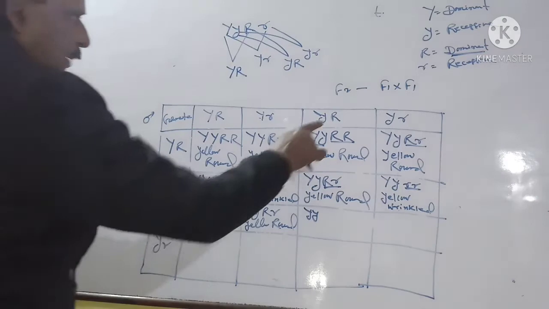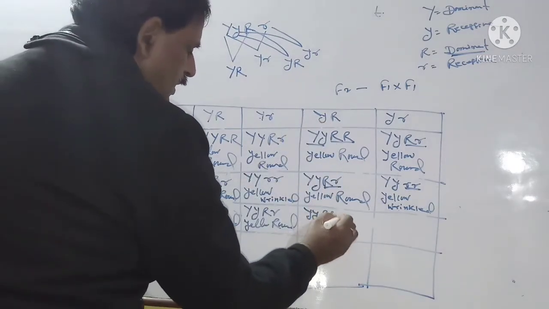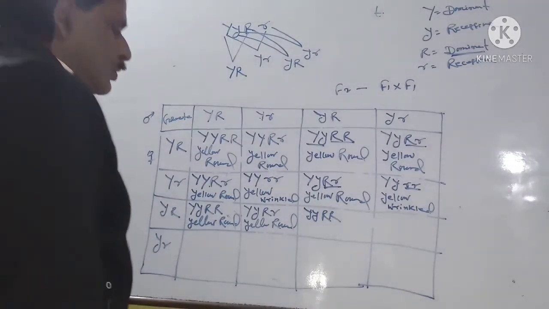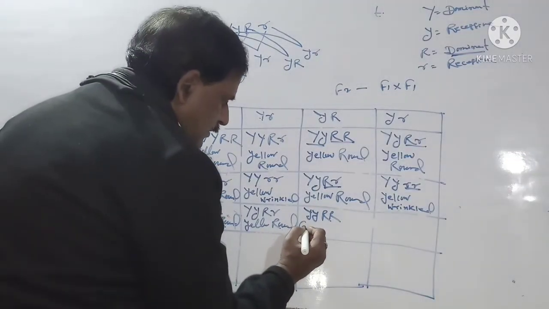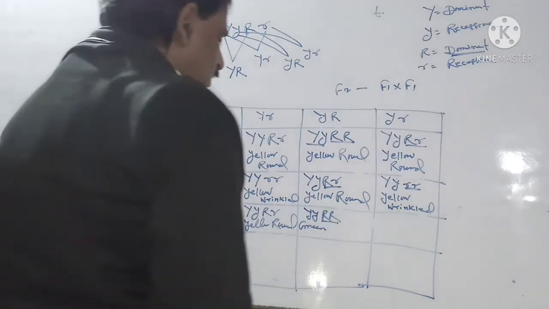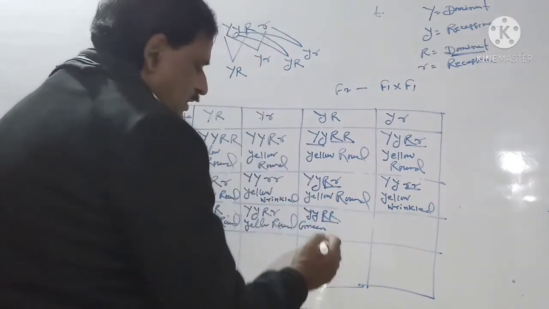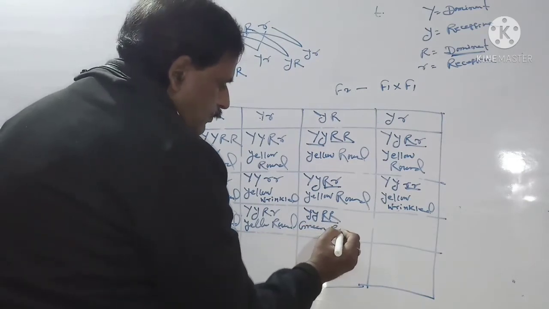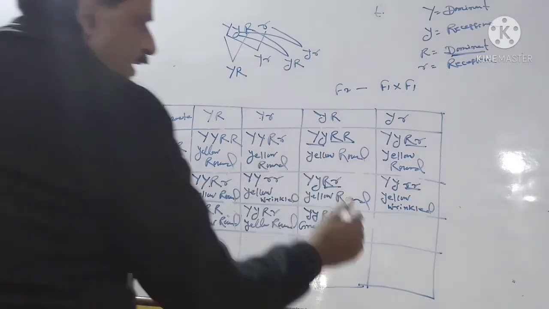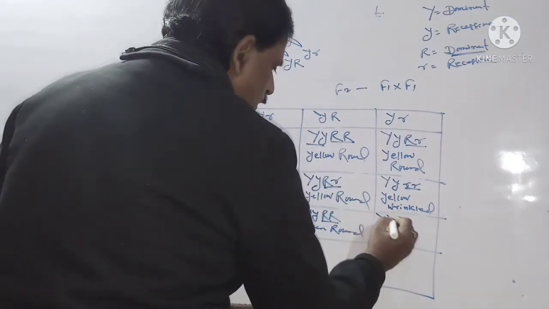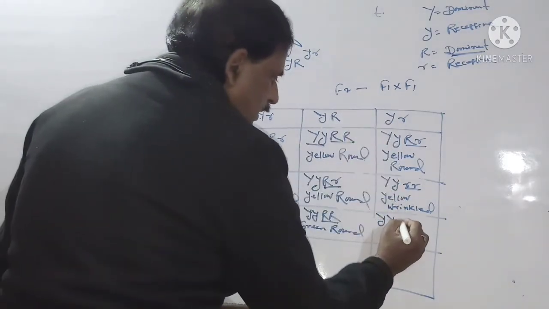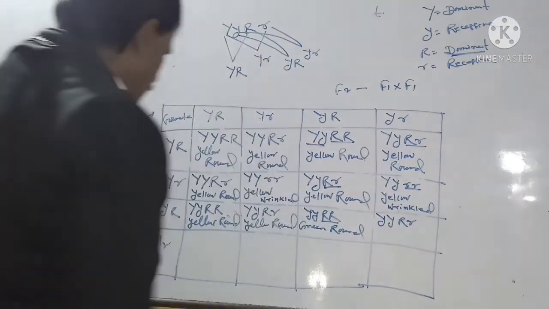The next is small y, capital R. The small y is a recessive character and denotes green. The color is green, and capital R is dominant and indicates round seed. So here it is green and round. The next one, small y, small y, capital R, small r.